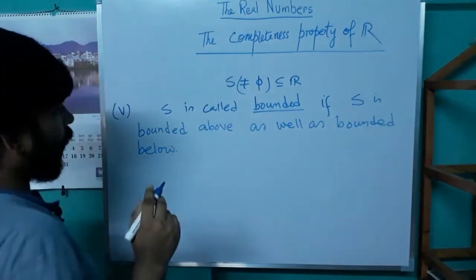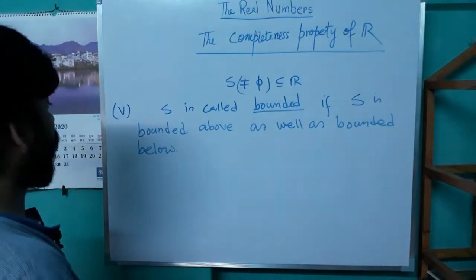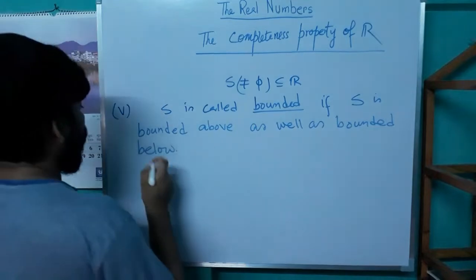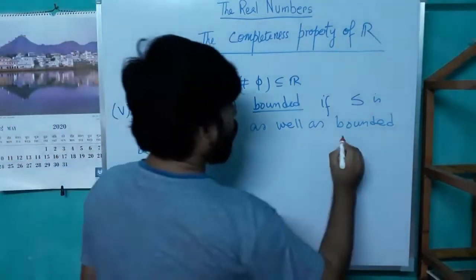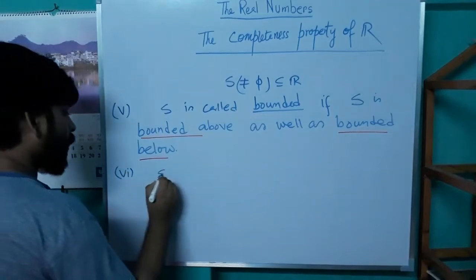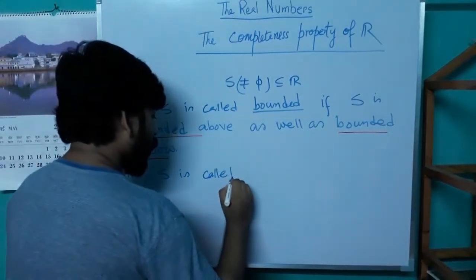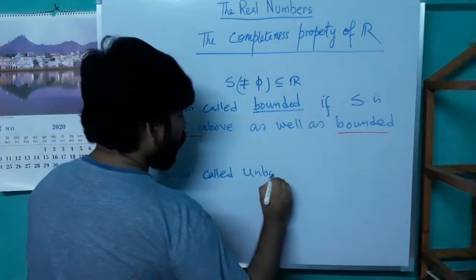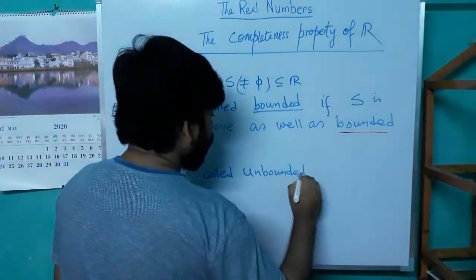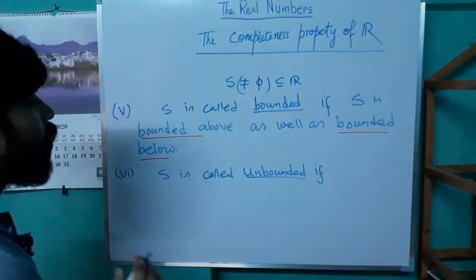So a set S is called bounded if S is bounded above as well as bounded below, and a set is called unbounded if it is not bounded.